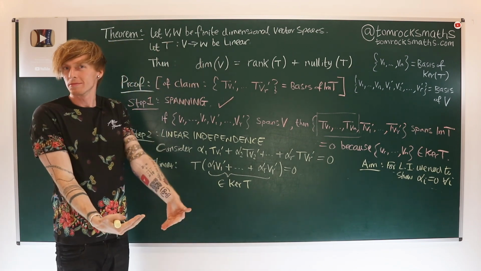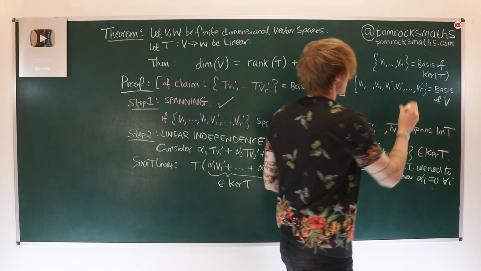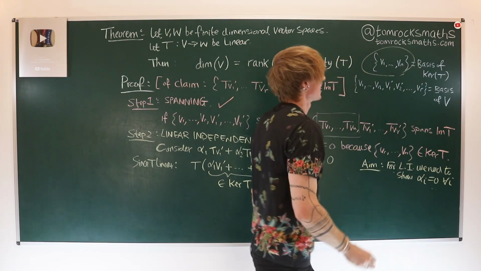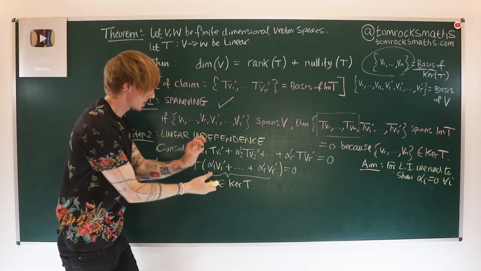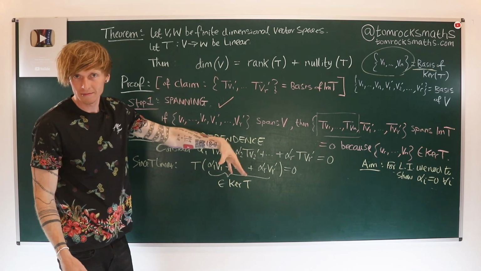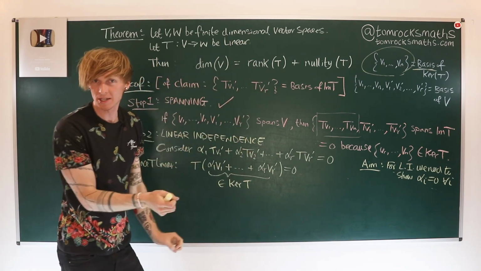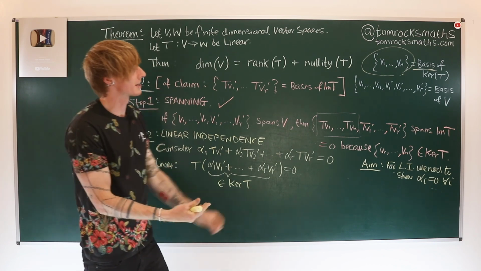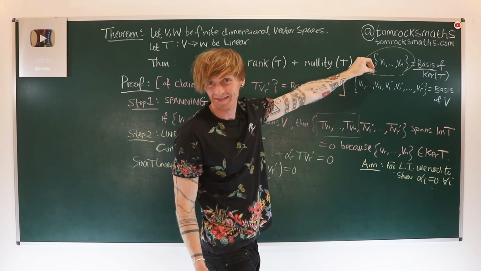But we know a lot about the kernel. We know its basis. This up here is the basis of the kernel. So we have something that's in the kernel, and therefore, because we also have the basis, this thing must be able to be expressed as a linear combination of the basis vectors.